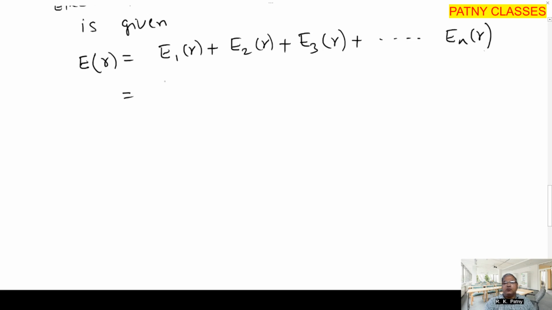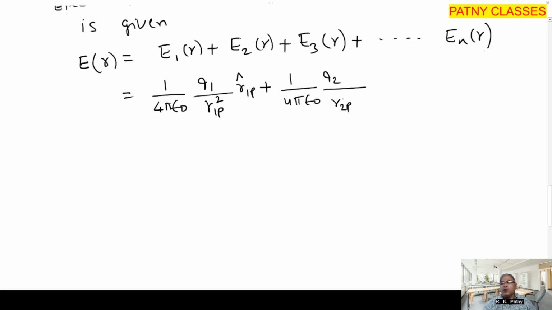That is equal to 1 upon 4 pi epsilon naught Q1 upon R1p square multiplied by R1p cap, plus 1 upon 4 pi epsilon naught Q2 upon R2p square into unit vector R2p, plus and so on, 1 upon 4 pi epsilon naught Qn upon Rnp square multiplied by Rnp cap.